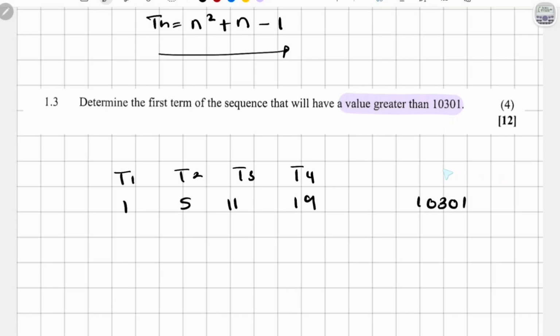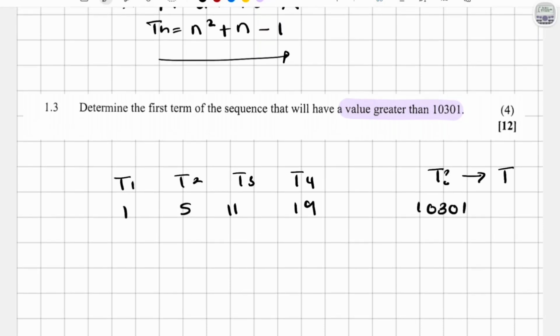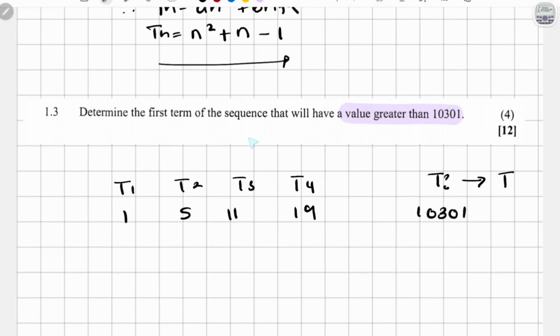So that term will be after whatever this term is, right? That term will be after this one, right? Because of course this thing is increasing. It just depends really, because then again it is quadratic. So how can we actually find the answer? Well, to construct a way to find it, this is what we can do. Because they're asking, right, determine the first term in the sequence that will have a value greater than this.